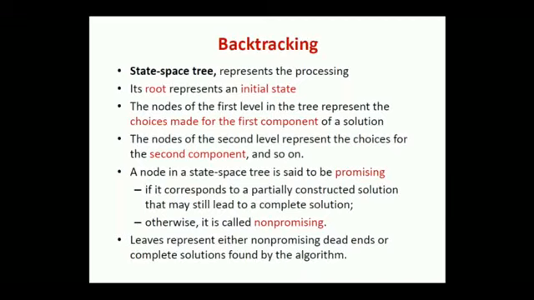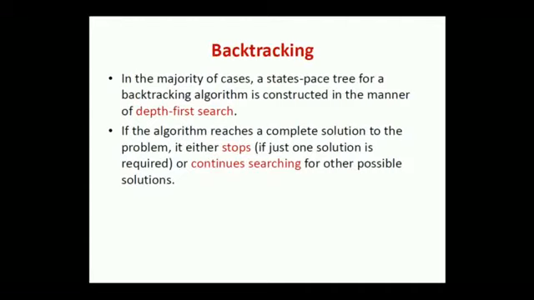In the majority of cases, the state space tree for backtracking algorithms is constructed in the manner of depth first search. If the current node is promising, its child is generated by adding the first remaining legitimate option for the next component of a solution, and the processing moves to its child.